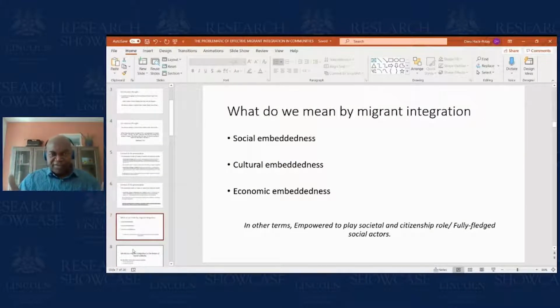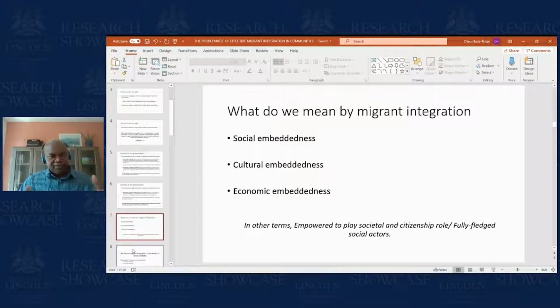So what do we mean by migrant integration? I think the three works that I've highlighted propose three principles or three conditions for migrant integration. So we're talking about social embeddedness, which is really looking at migrants being able to fit in the social architecture of the new locality.